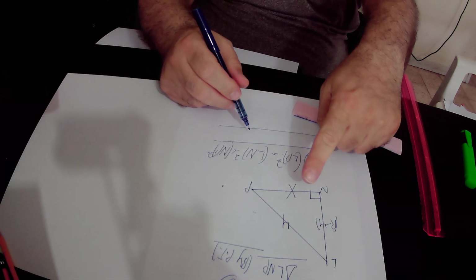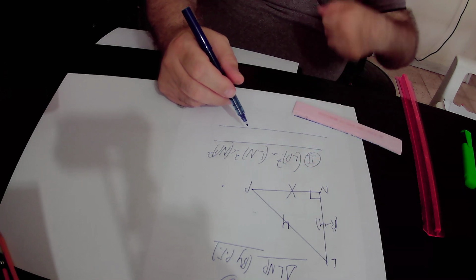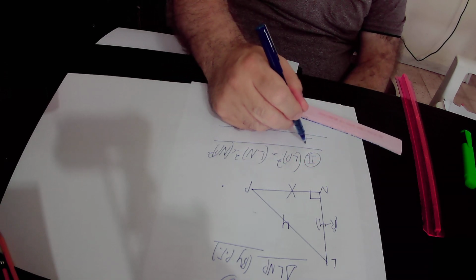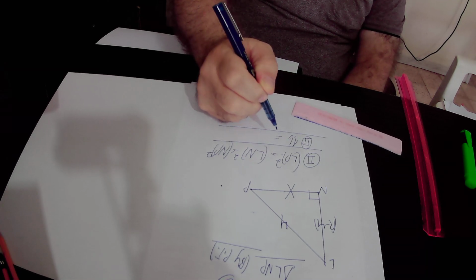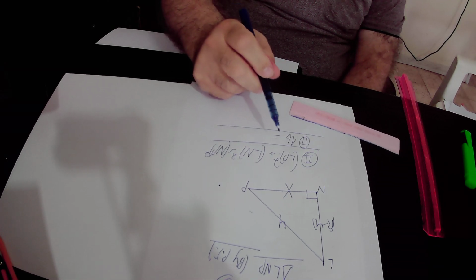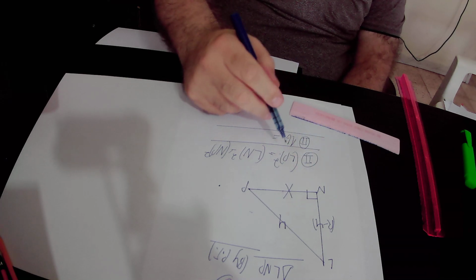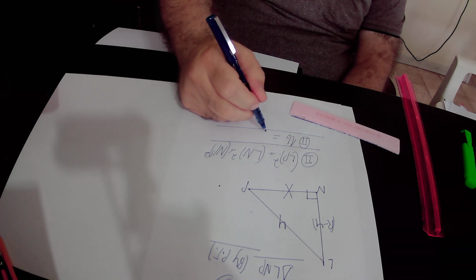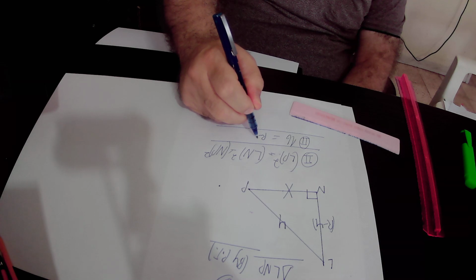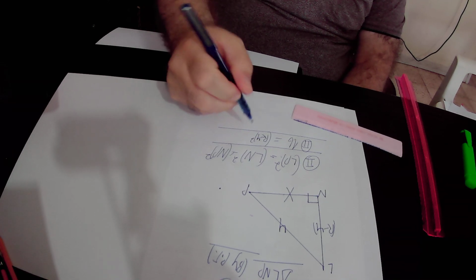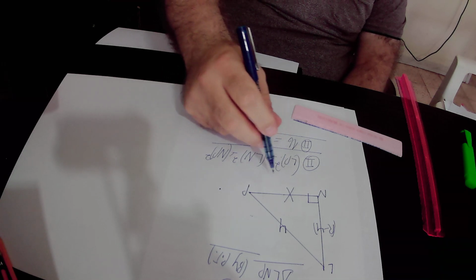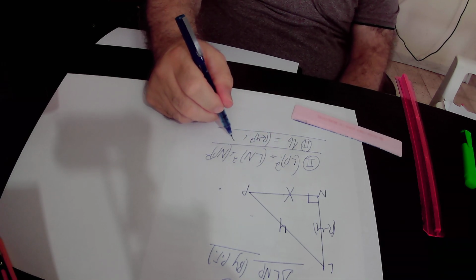LP equals 4, therefore LP squared equals 4 squared, that is 16. That equals LN squared. LN equals capital R minus 4, therefore LN squared is (R minus 4) squared, plus NP squared. NP equals X, so NP squared equals X squared.